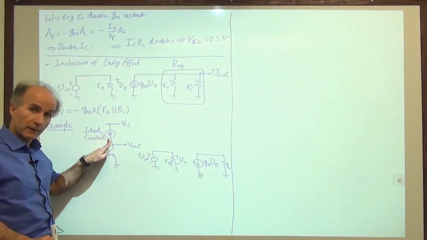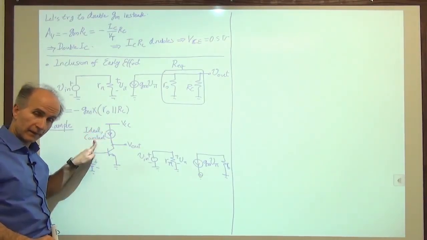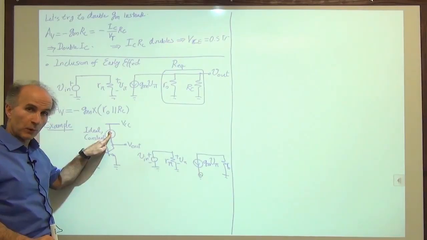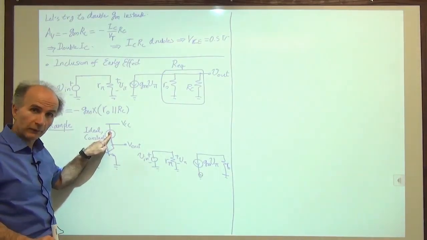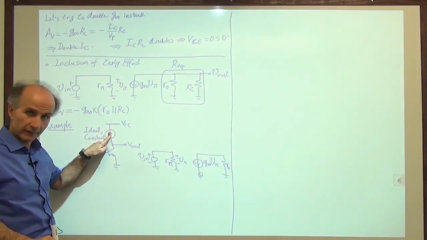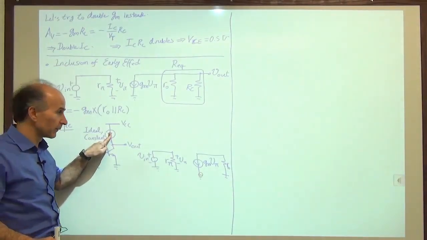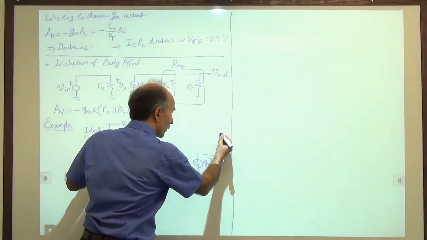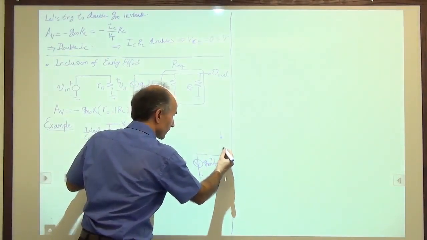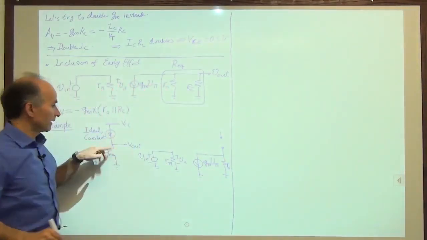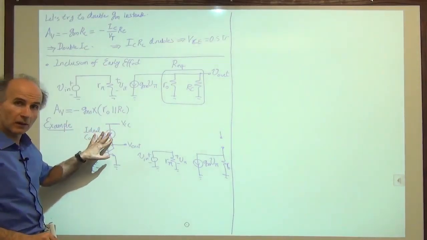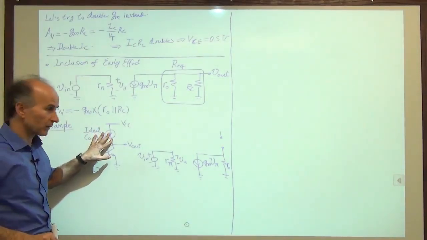An ideal current source, which is constant and doesn't change with time, when we want to replace it with 0, we have to replace it with an open circuit. Open circuit meaning incapable of carrying any current. So there will be an open circuit here as the small signal model of a constant current source.